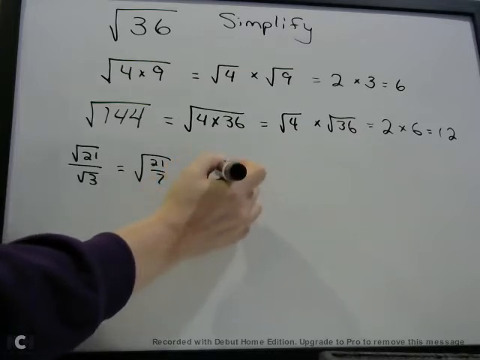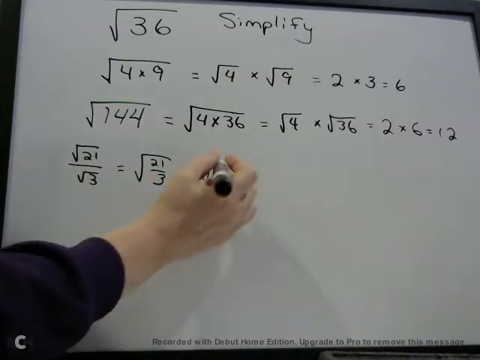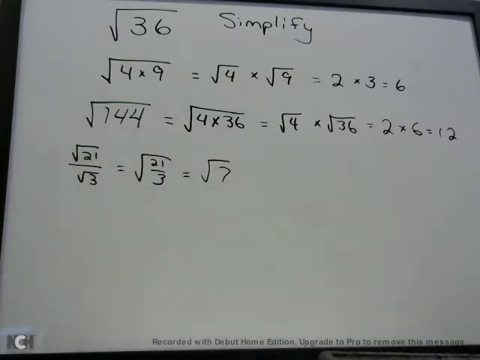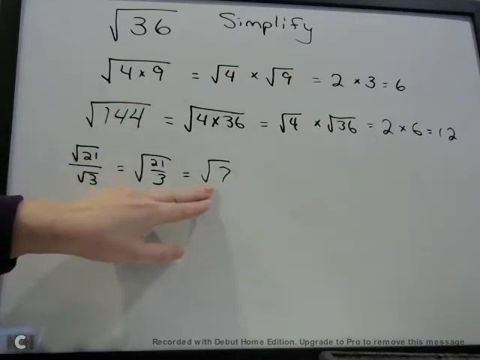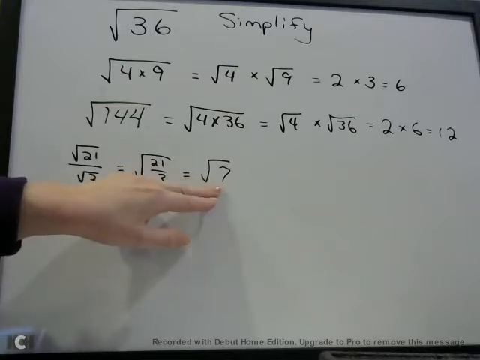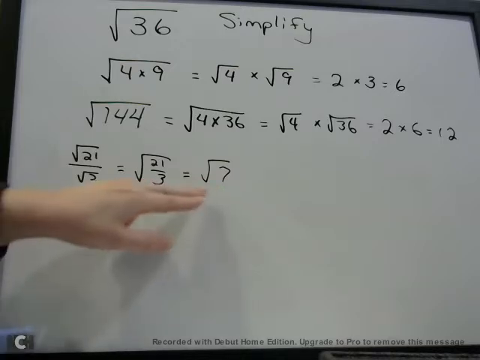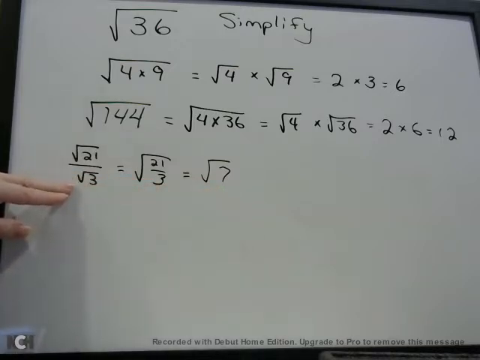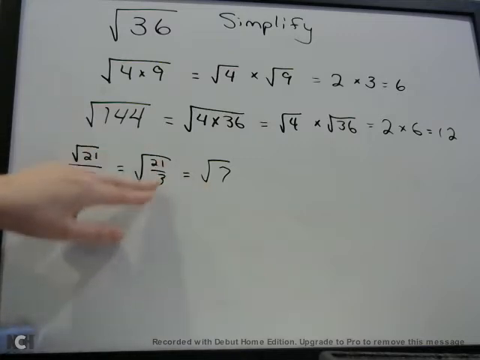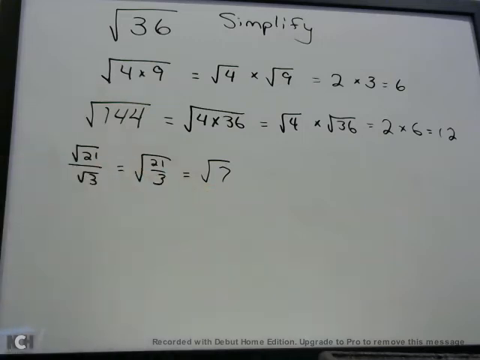So 21 over 3. 21 over 3 is 7. So this just equals the square root of 7. Now we can't simplify that anymore, because the square root of 7 is not a whole number. So this would be the simplification: you'd put it all under the radical sign, and then you have 7. That would be the final answer, the square root of 7, if you're doing a simplification problem.